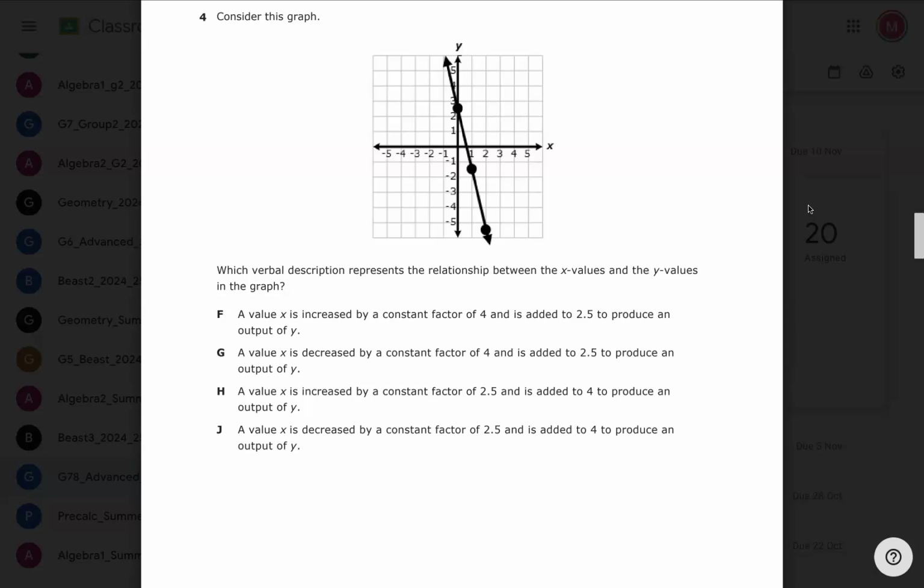So slope will be? For slope, I got negative 2.5 by 1.5. Good. Negative 2.5 by 0.5.